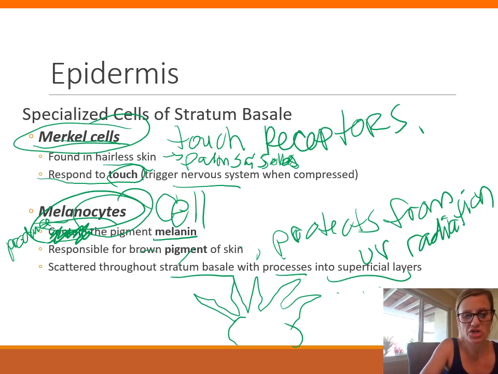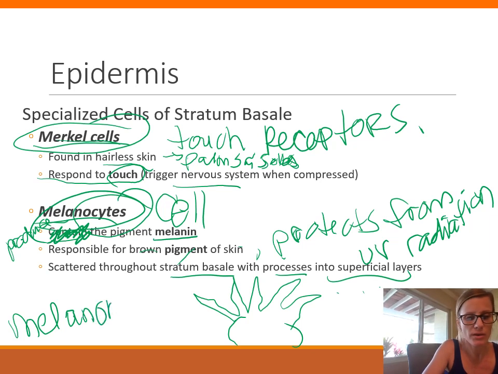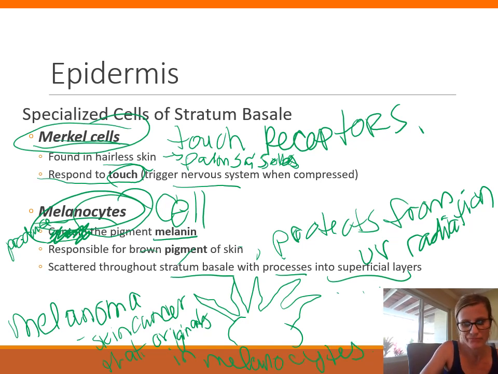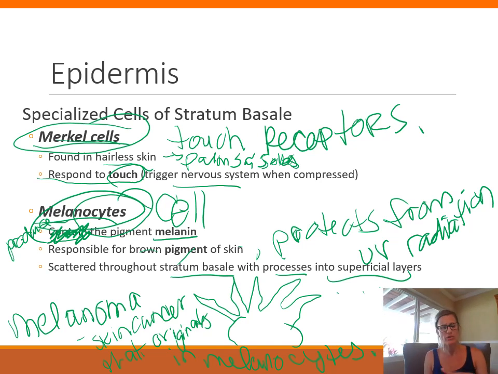Now, if you guys have ever heard of this skin cancer, melanoma, melanoma is a skin cancer that starts or that originates in melanocytes. Now, there are multiple different types of skin cancers, and I'll kind of point out a few of them as we go through the chapter.